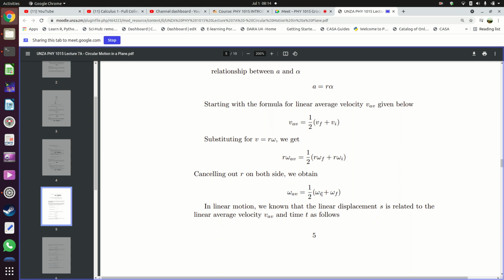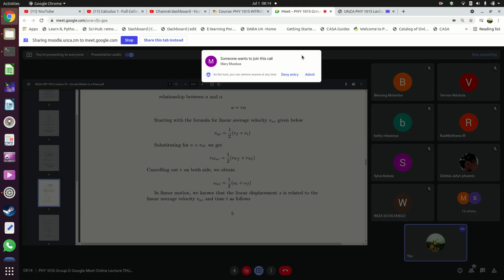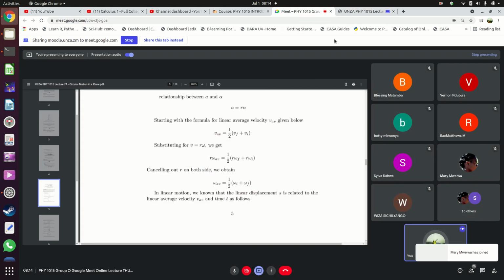Then you can add the initial angular velocity and the final angular velocity, and divide by 2 to obtain what is referred to as the average angular velocity. Are we clear? So that's the first thing you can do.